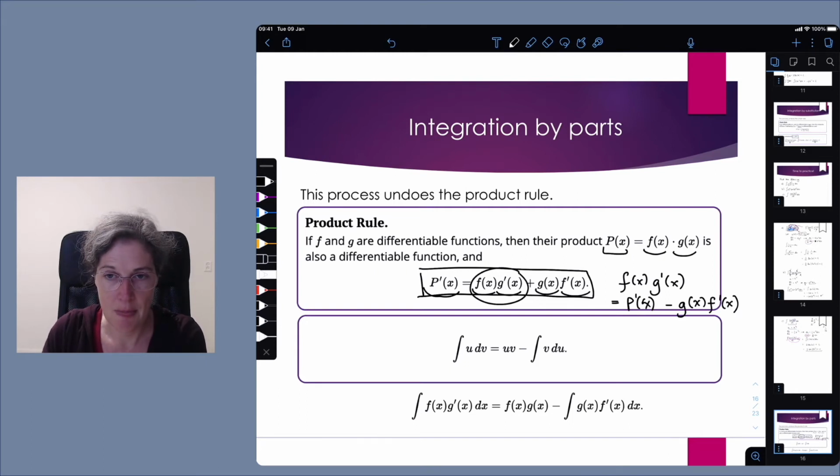Okay? And then what we're going to do is integrate both sides. So we're going to integrate this side, and we're going to integrate this side over here, so that gives us that and that.